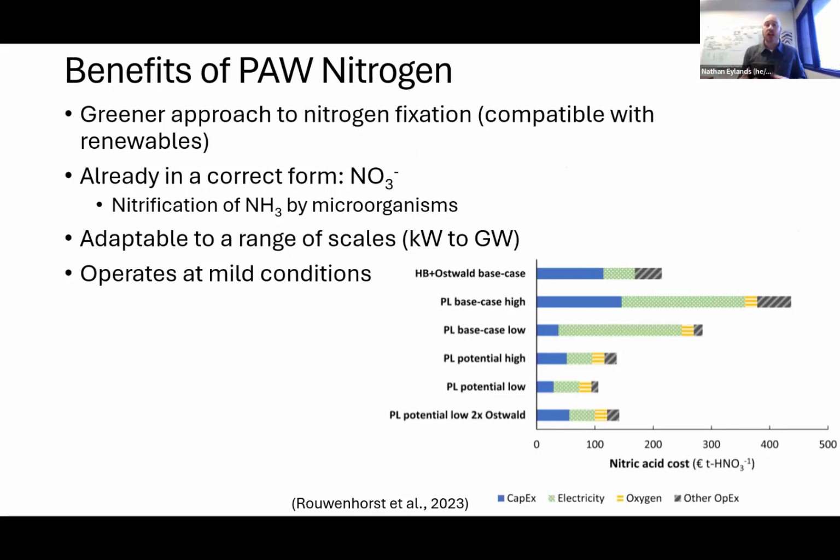If we address the histogram we're looking at here, the green bars in the middle represent electricity demands whilst producing nitric acid from the Haber-Bosch, which is the top line there, and plasma-based technology, the next 5 bars, different sets of these. This chart is derived from a techno-economic analysis.